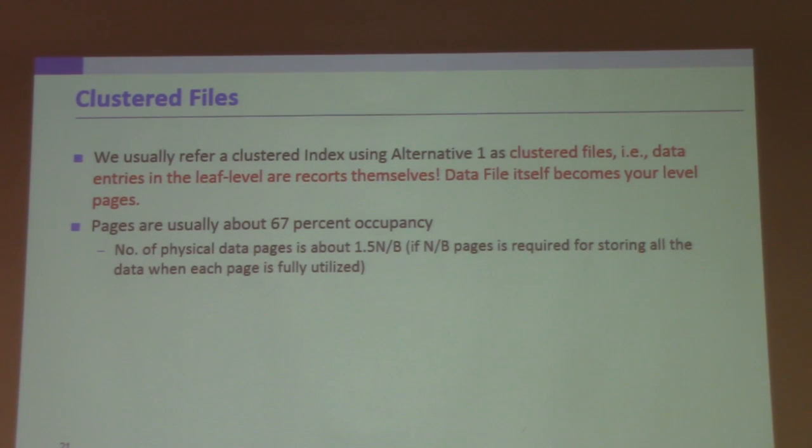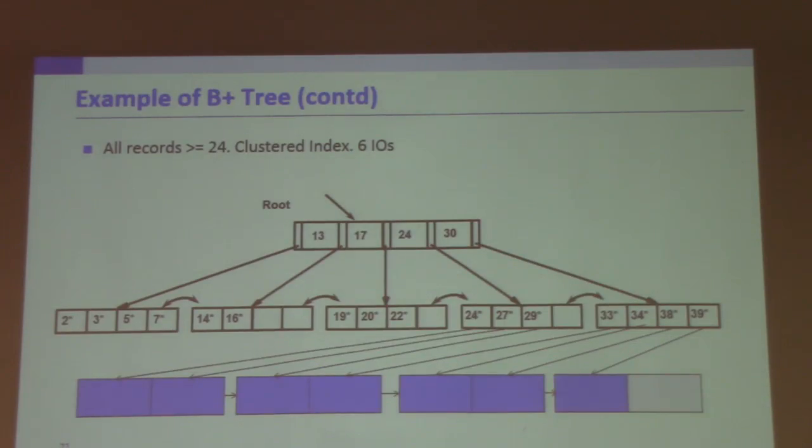A cluster file is nothing else but a cluster index with alternative 1 for its data entries. So recall, what is alternative 1 for a data entry? It's simply the record itself. That makes sense? The record itself. Okay? So a cluster file is a cluster index with alternative 1.